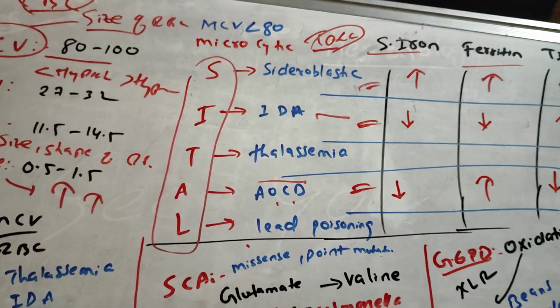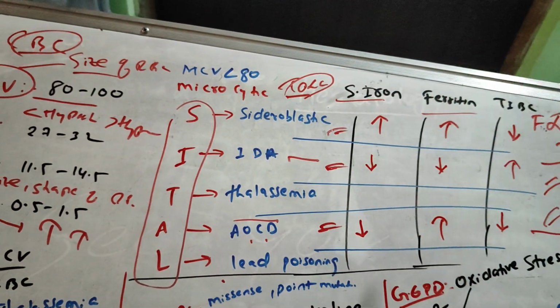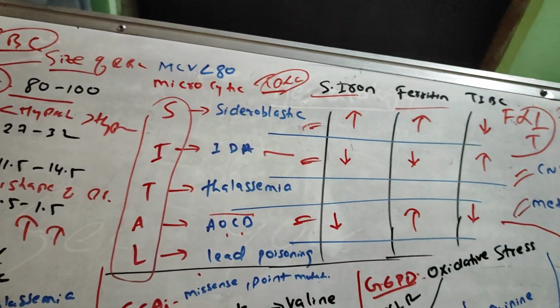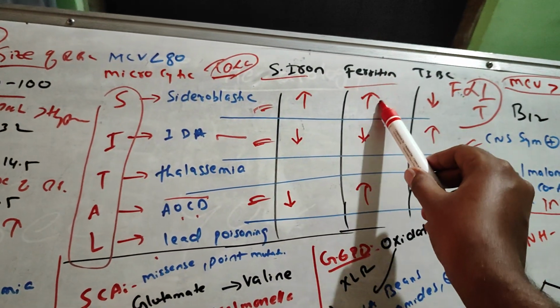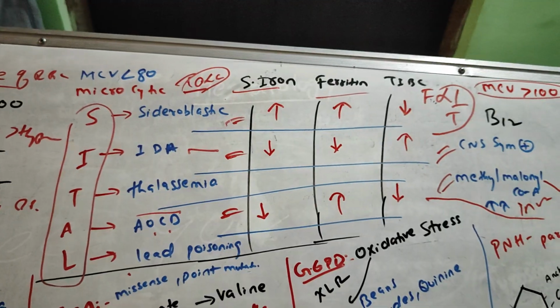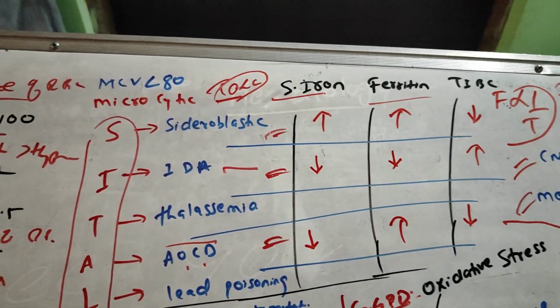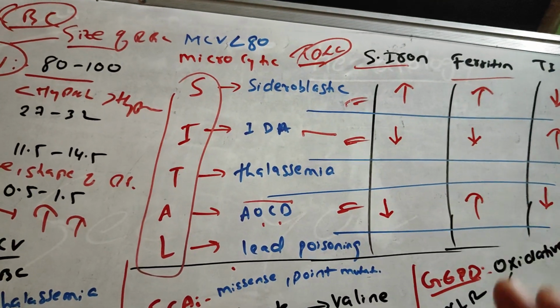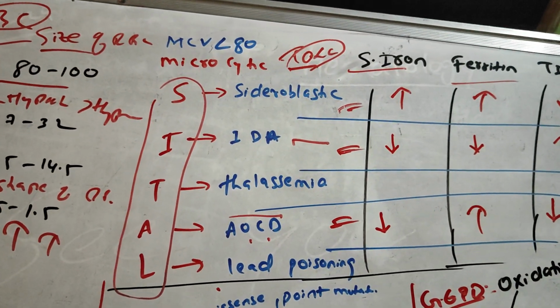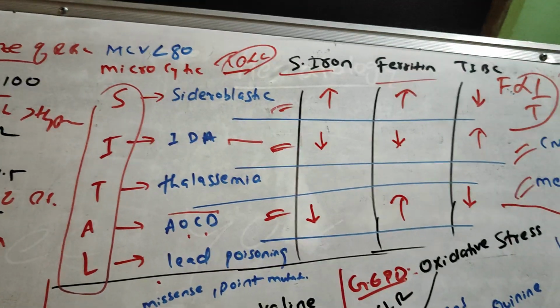If there is iron overload, it means everything is increased. But what I told you is that if the ferritin is increased, then TIBC is always decreased. Hope you got it. Sideroblastic means it is due to iron overload, so all are more.